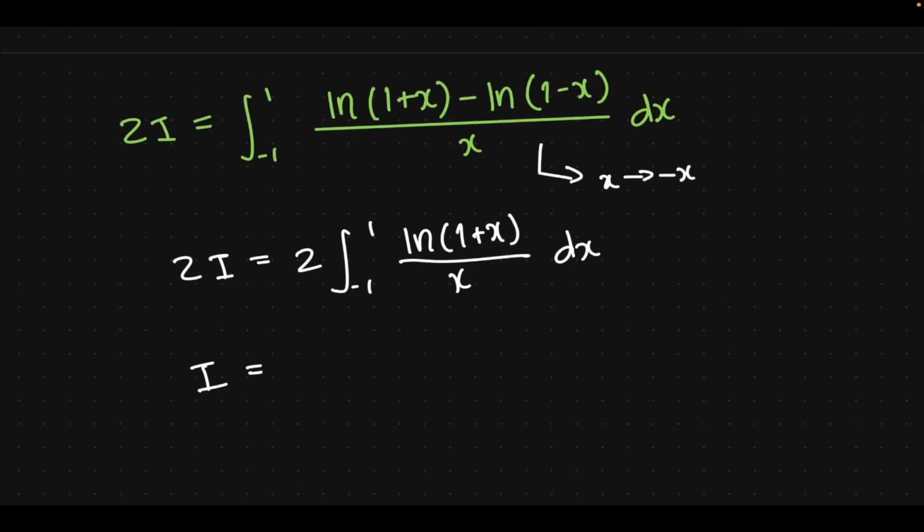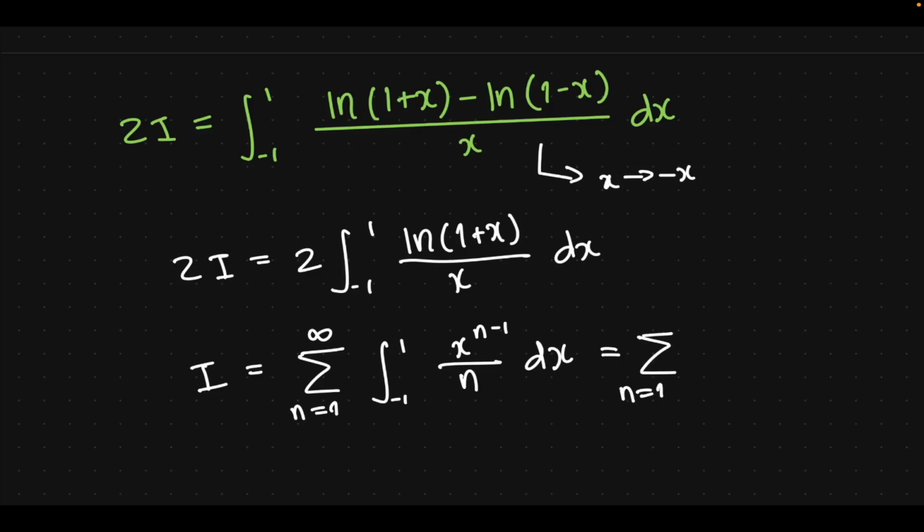Now I just becomes, we can expand the natural log as this infinite series, the integral from minus 1 to 1 of x to the n minus 1 over n dx, which will end up giving us the sum n equals 1 to infinity. Plugging in the bounds, minus 1 over n squared minus minus 1 to the n divided by n squared.